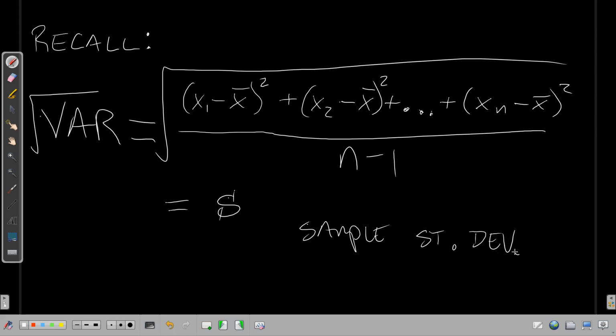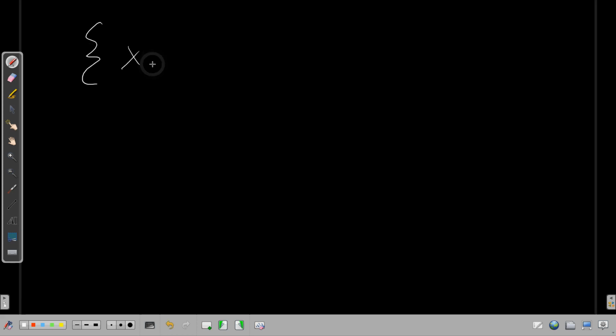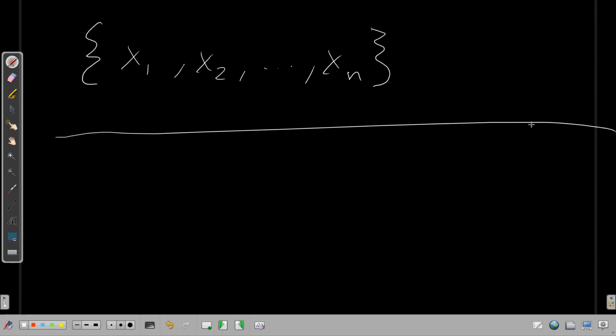But now I want to deal with not just one data set. Well, it's still one data set. So this is what our data set looked like just a moment ago in that definition of standard deviation. But now I want to deal with pairwise data, right? Like, for example, this might be a list of people's heights.